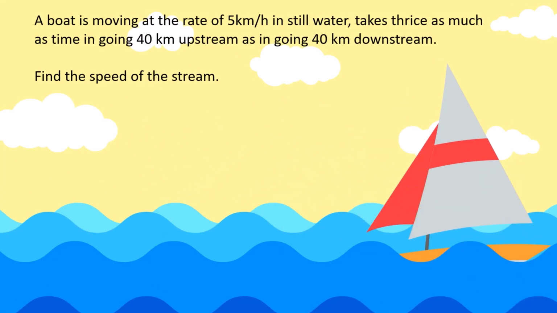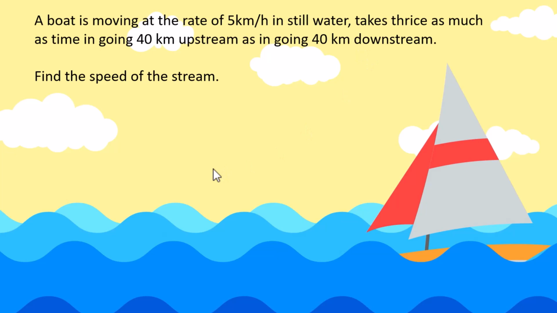Now let's take note of what we have in this question. The distance is 40 kilometers, and the speed of the boat is 5 kilometers per hour. It takes thrice as much time in going 40 kilometers upstream as in going 40 kilometers downstream.